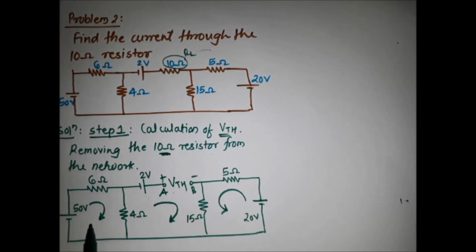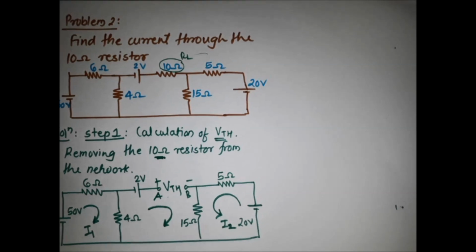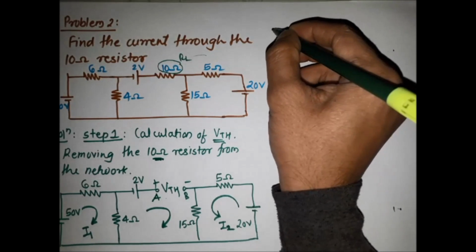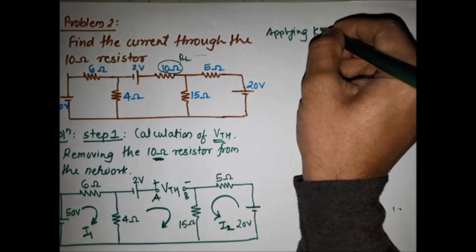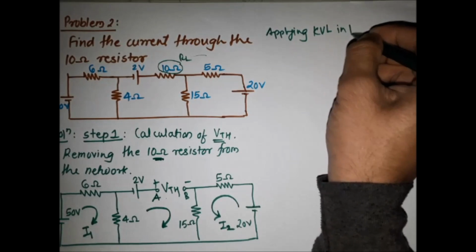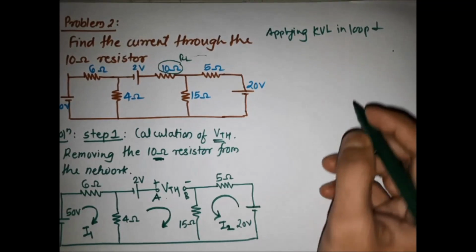Now we are finding the current through these two different loops. Suppose the current flowing through the first loop is I1 and the current flowing through the last loop is I2, and there is no current flowing through the VTH loop. Now we are finding the current I1 by applying KVL in loop 1.